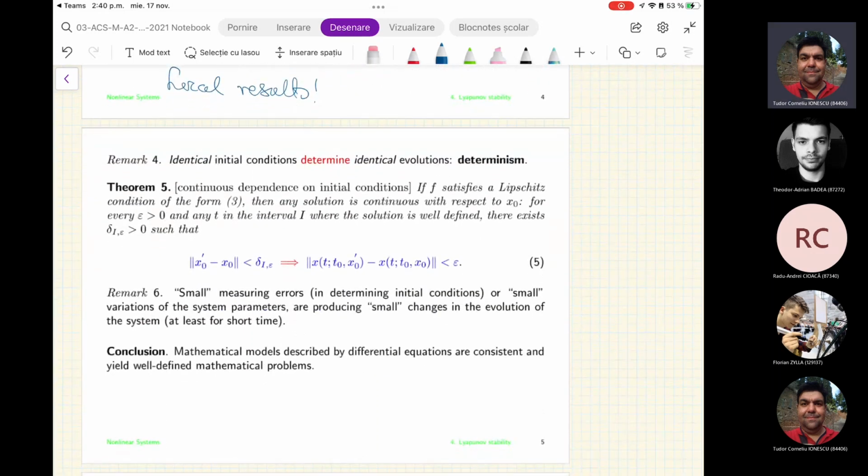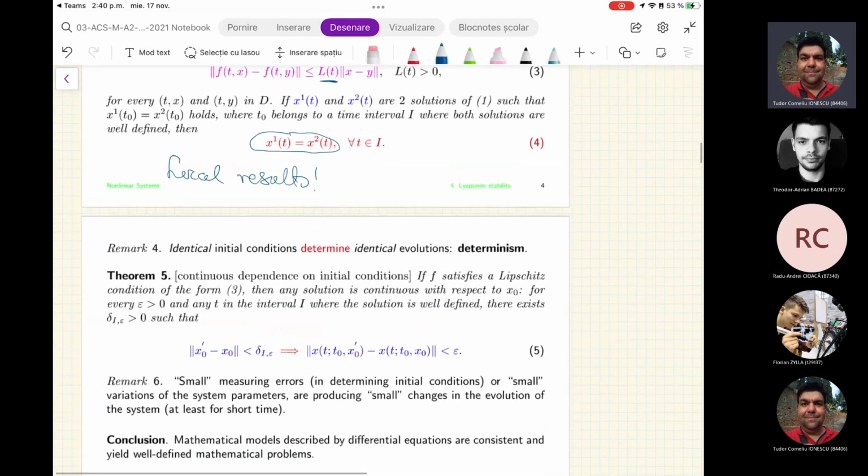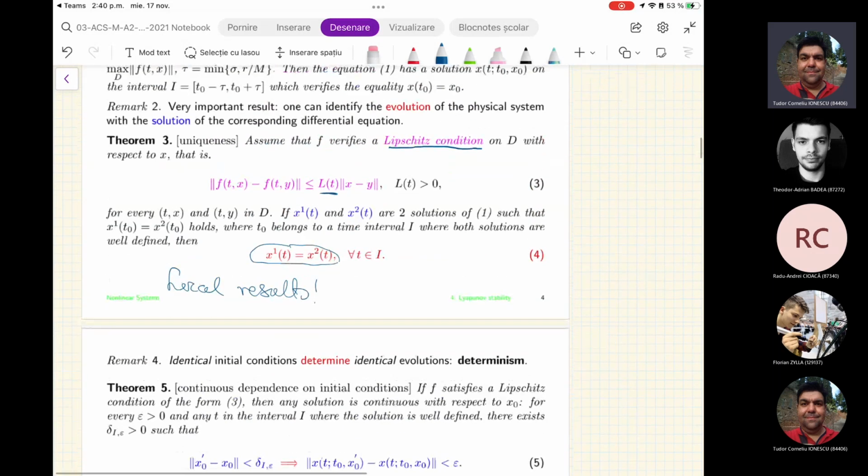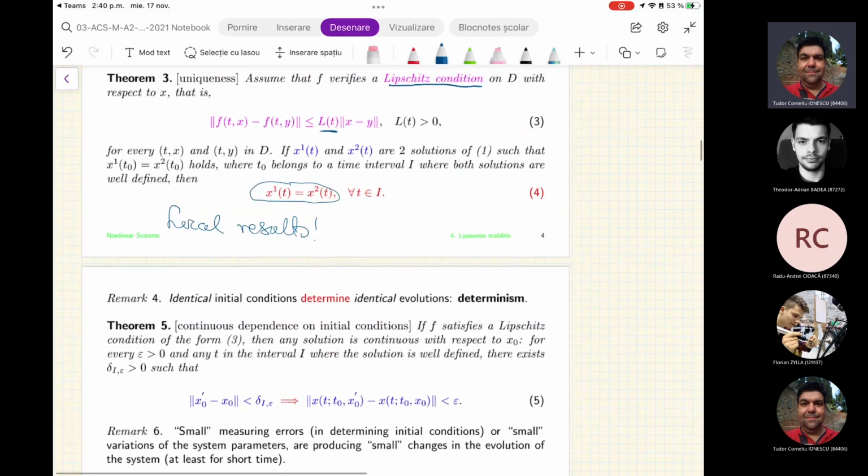So the idea is that the system is deterministic. F is Lipschitz, we don't have stochastic parameters, no weird parameters in our F. And the main idea of theorem 3 is that identical initial conditions determine identical evolutions.